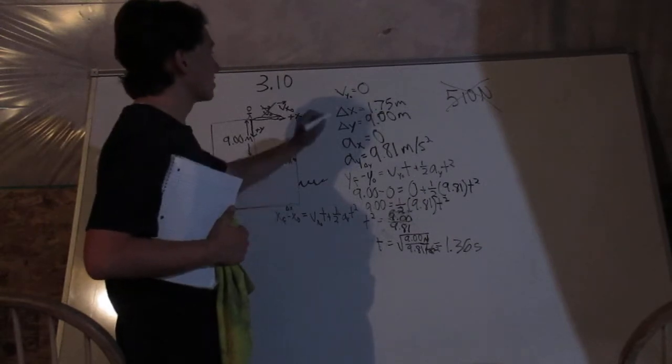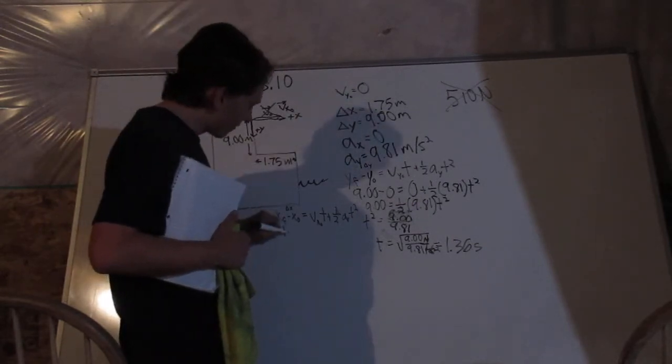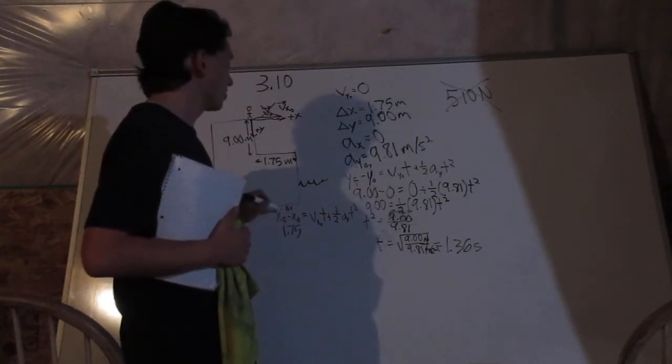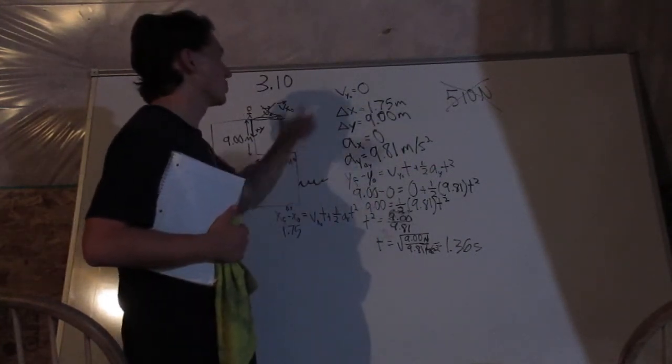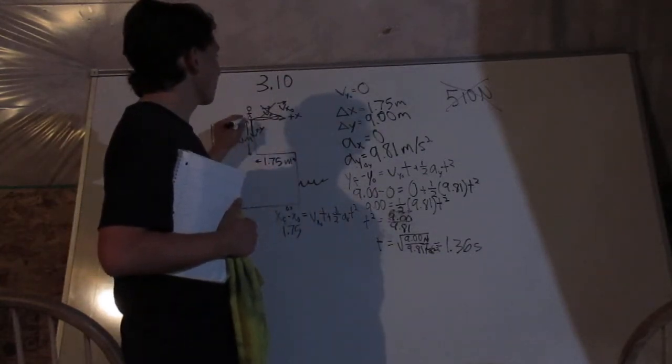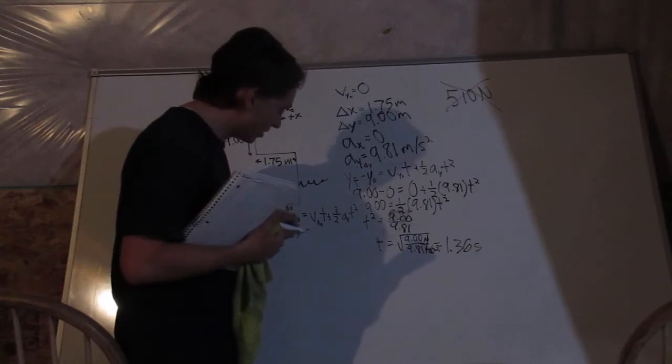Now we know this delta x is 1.75. You can do it the same way we did before. You can take the final and initial, or you can just use that delta x because we know that's how far we're going in the x direction. In this case, it's the same because we started at the origin.